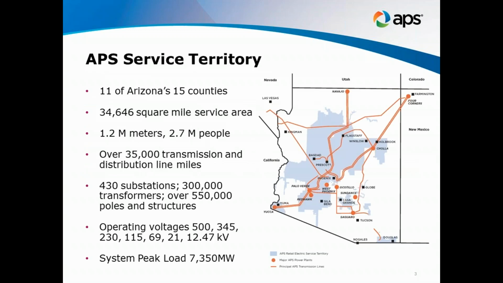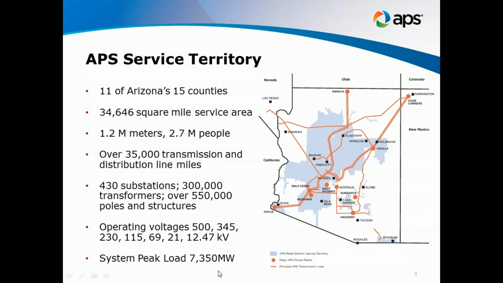So what is APS? So APS is the largest investor-owned utility in the state of Arizona. We cover 11 of Arizona's 15 counties, 1.2 million customer meters, about almost 3 million people. Quickly growing service territory. Maricopa County, which is the bulk of our load around the Phoenix metro area, has historically been one of the fastest growing counties in the country over the last decade or so.